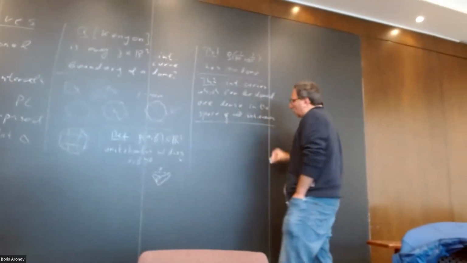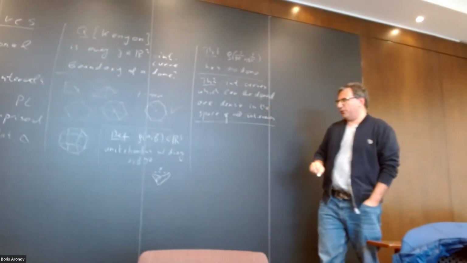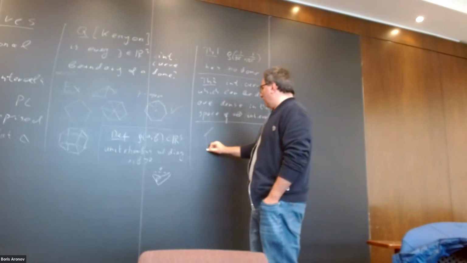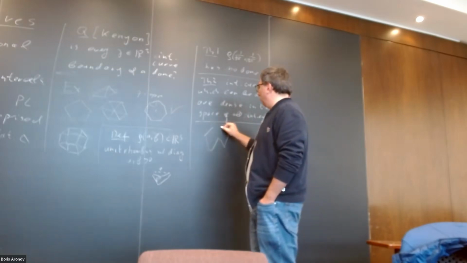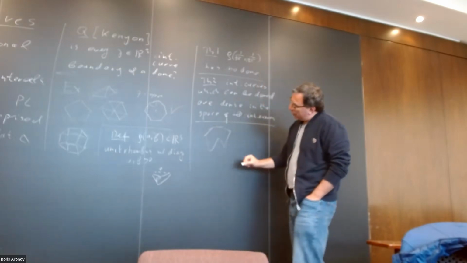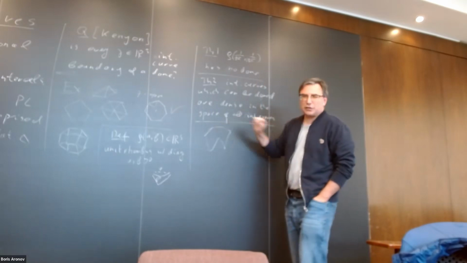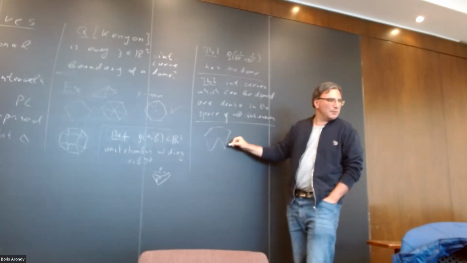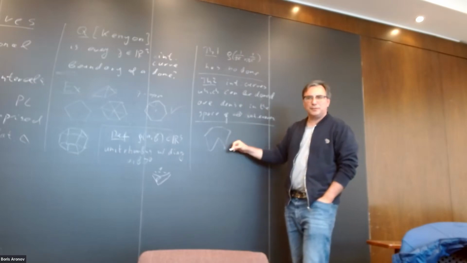So to put it differently, if you have some kind of curve, then you can perturb the vertices a tiny little bit, and then you can do it.